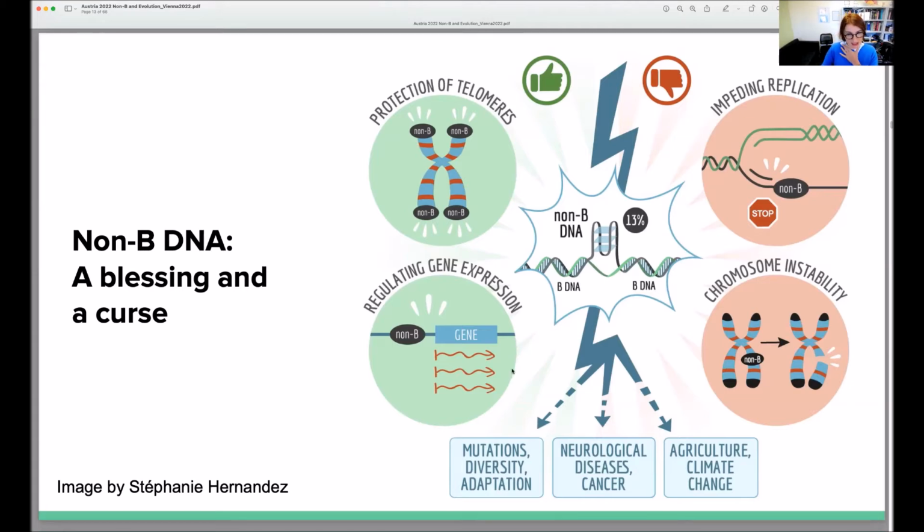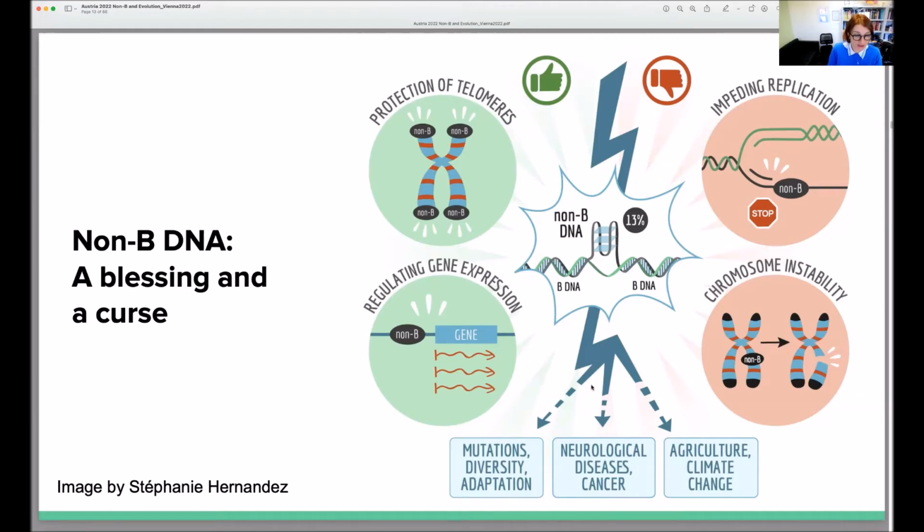But let's think about it also this way. Imagine that there is a polymerase trying to replicate through non-B DNA. Then when it encounters this structure, it's possible that the polymerase can pause or stop or introduce more errors. And this is where the curse comes in, that non-B DNA can impede replication, can interfere with replication. And as I already mentioned, for cancer genomes, non-B DNA can lead to increased chromosomal instability.